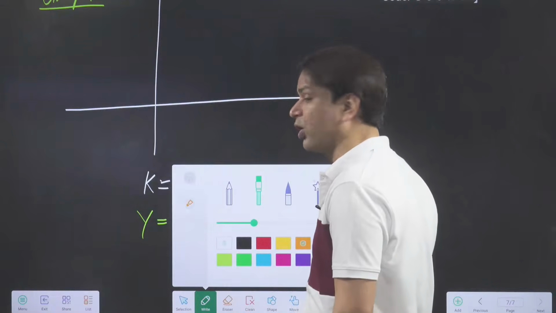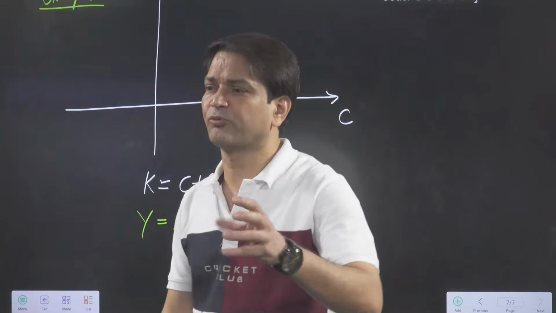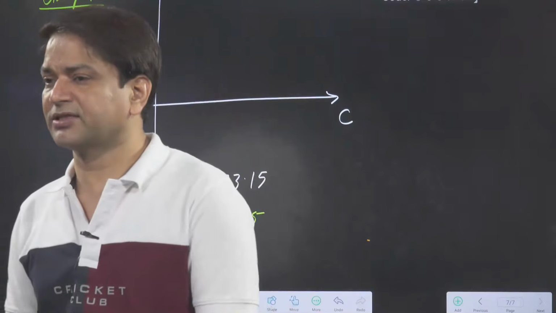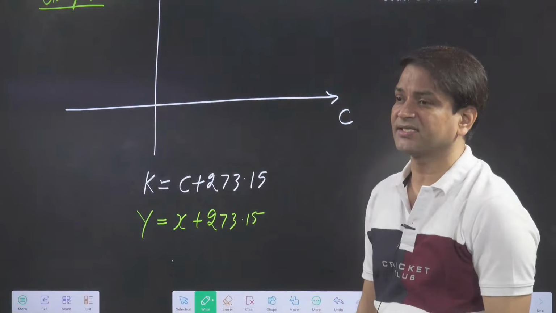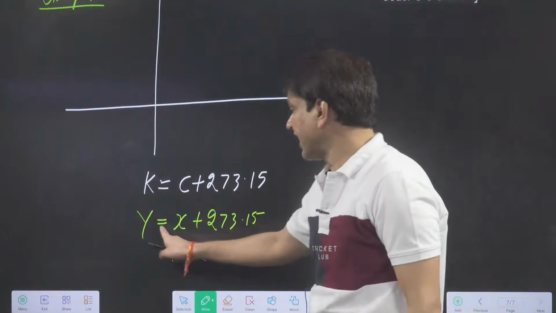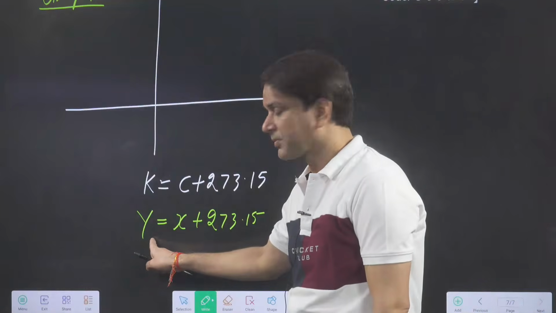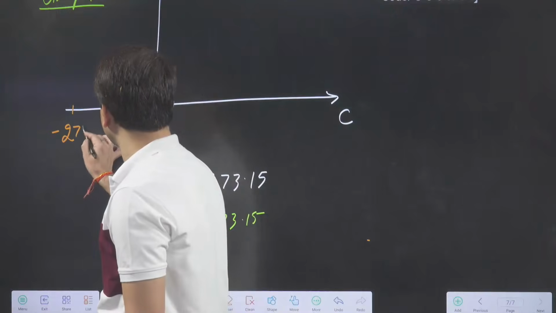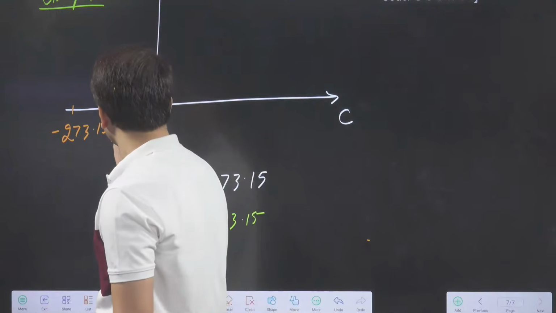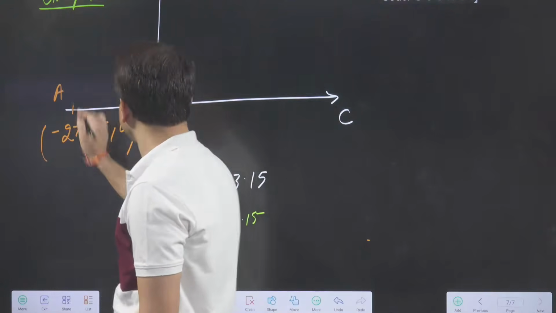Last class I said x-intercept y is 0, y-intercept x is 0. So for the x-intercept I put y 0, so I got x as minus 273.15, comma 0. This is the one point I got.